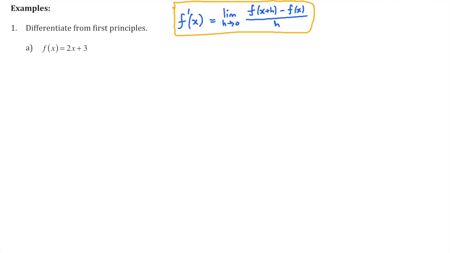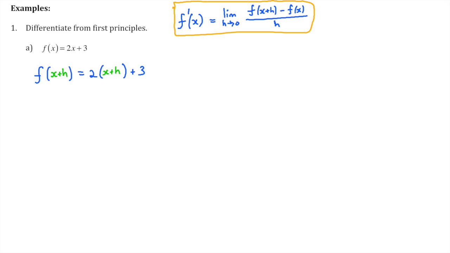Now, we've done function notation before, so I'm going to come down here and write f again. That has rewritten the question, except you'll notice where I had an x, I didn't put anything. In place of x, I'm now going to write x plus h.